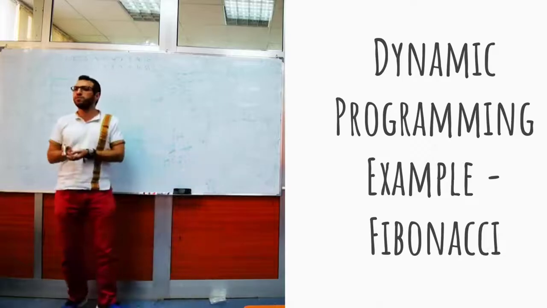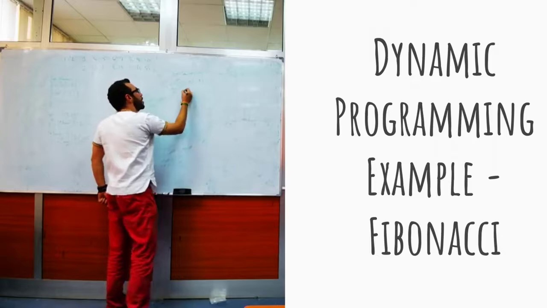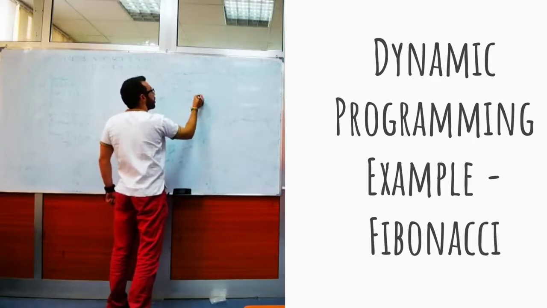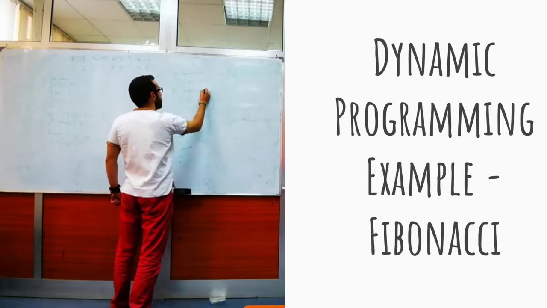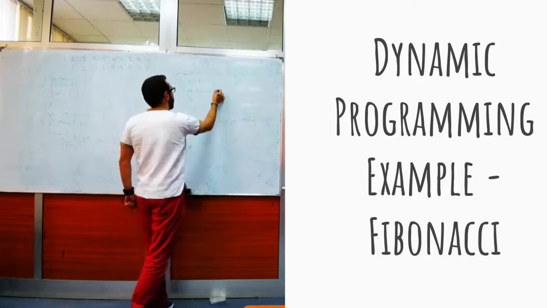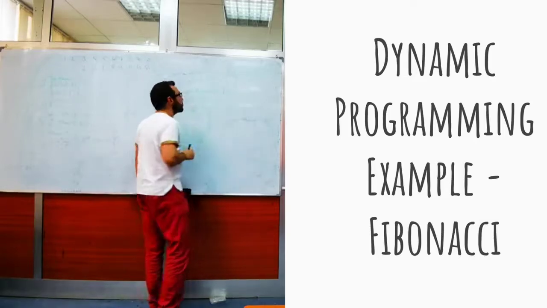It's not going to have any recursive calls because we are doing things bottom up. Let's say we support up to max n. And let's assume I can just initialize it like this, with all zeros.